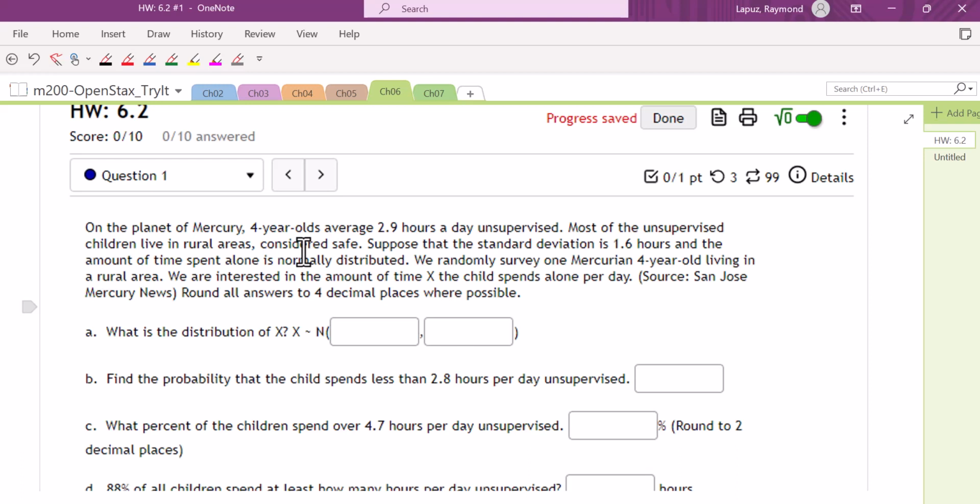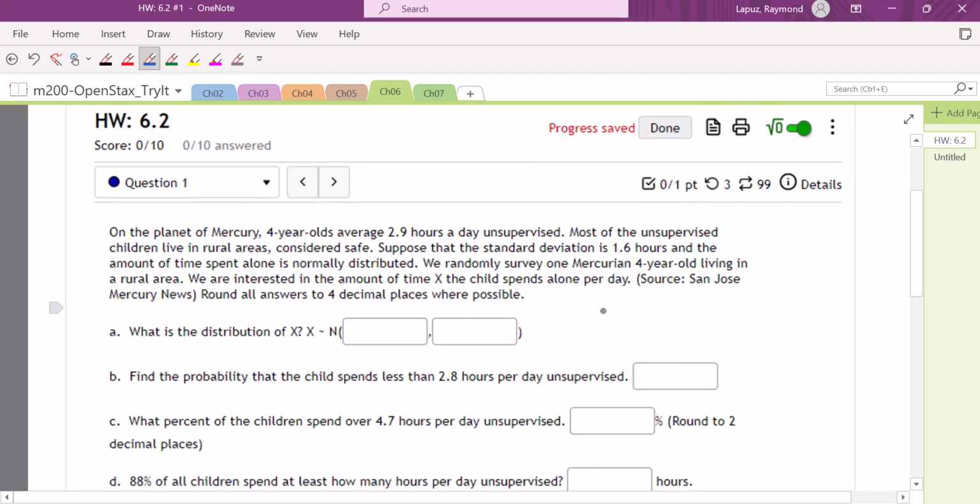So our first question is asking us to identify our normal distribution. If you remember, the normal distribution is a continuous random variable distribution, and it usually would be denoted by N, parentheses, and then we want our mean and our standard deviation.